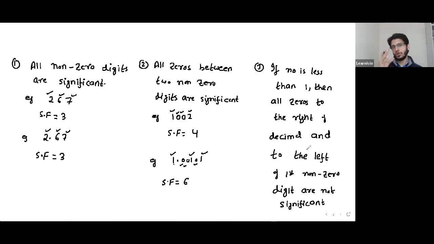So all zeros to the right of decimal and to the left of first non-zero digit are not significant. Okay, just note it down.